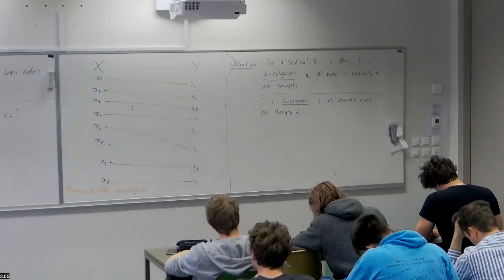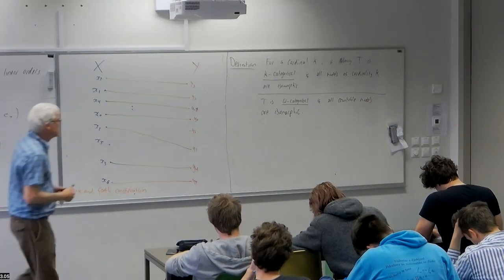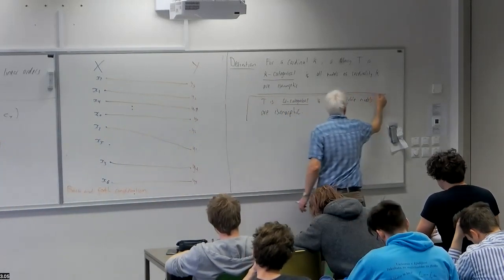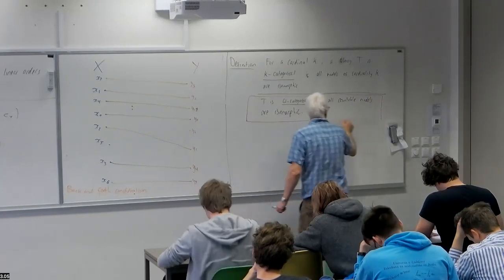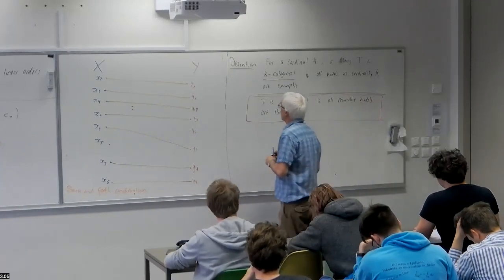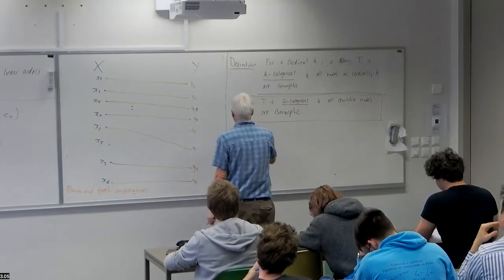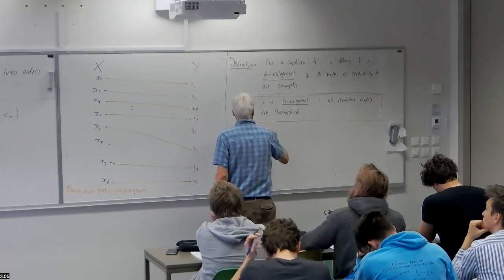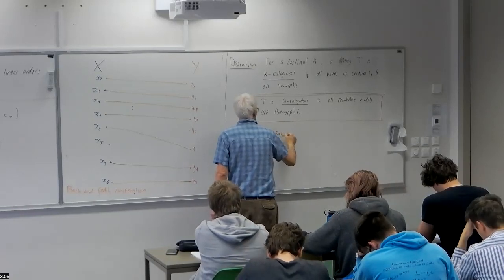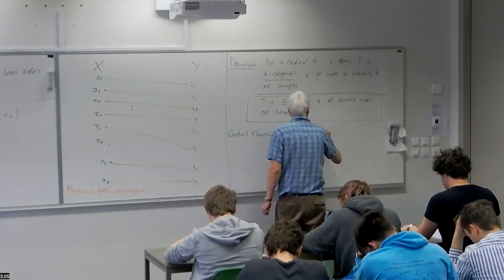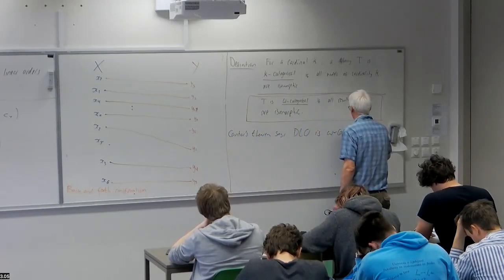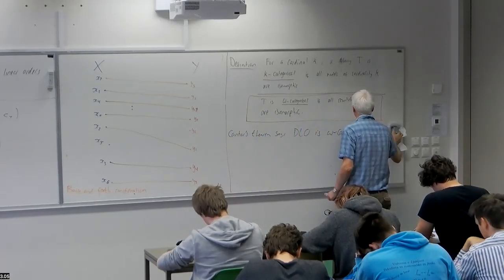So Cantor's theorem, and I'll just put this one in a box because this is the one that we're really concerned with. Cantor's theorem, reformulated, says that DLO is omega categorical. All countable models are isomorphic.